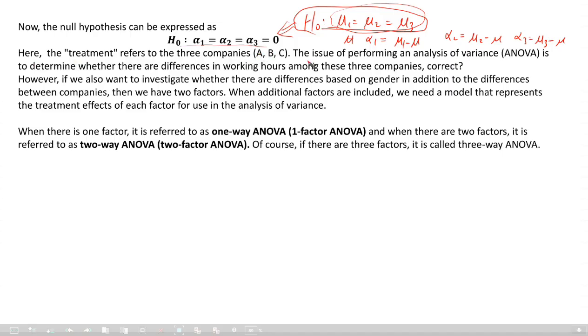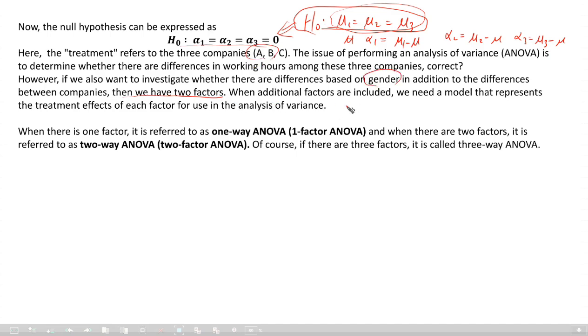In this case, the issue of performing an ANOVA is to determine whether there are differences in working hours among the three companies, correct? However, if we also want to investigate whether there are differences based on gender, in addition to the differences between companies, say we would like to add one more thing, the gender issue, then we have two factors: company, A, B, C, one factor, and the second factor is gender.